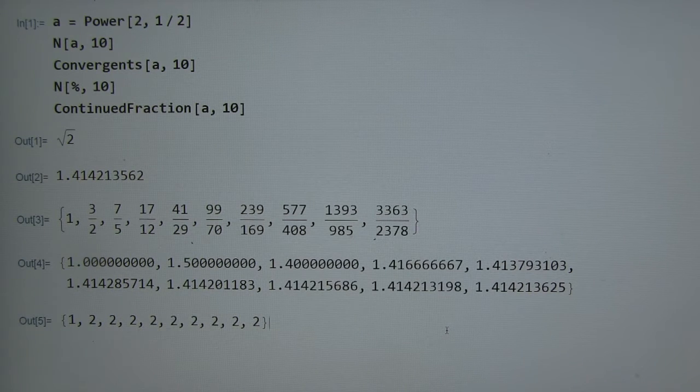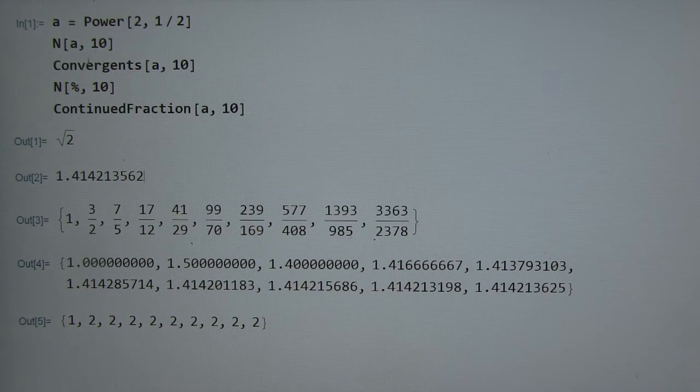So describe what we have on the screen here. Okay, so we have this variable a equals the square root of 2, basically 2 to the 1/2 power. N of a to 10 places just gives us the square root of 2 to 10 places.